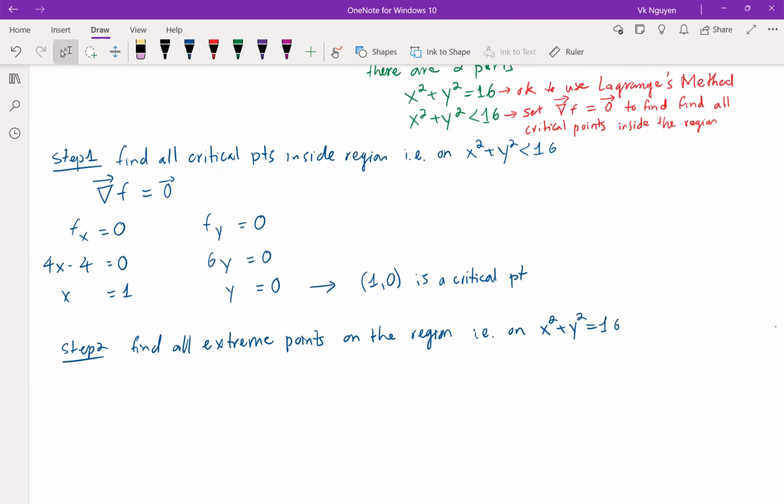Lagrange method: the gradient vector of f is equal to some multiple of the gradient vector of g.